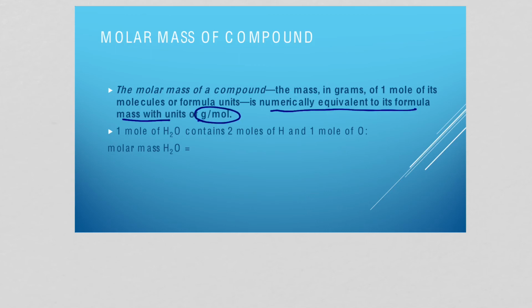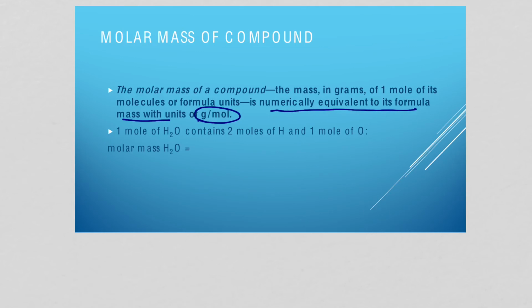So the formula mass was in AMUs, that's the mass of an individual molecule of that compound, or formula unit. And the molar mass is 1 mole, or 6.022 times 10 to the 23rd, formula units or molecules of that compound.